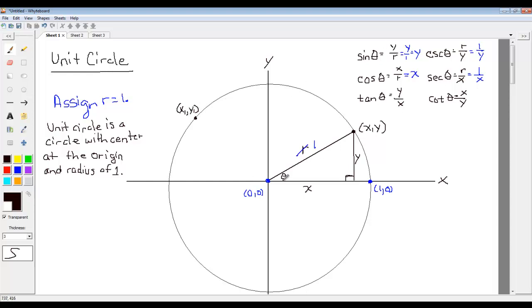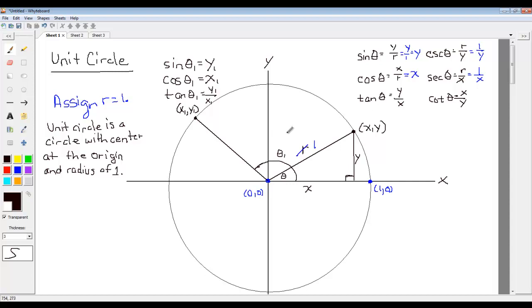If you start from the positive x-axis and go over to whatever that theta is, the sine of that theta will just be the y-coordinate. The cosine of that theta will just be the x-coordinate. The tangent of that theta will be that y over that x. So you get all kinds of neat things you can do with this.